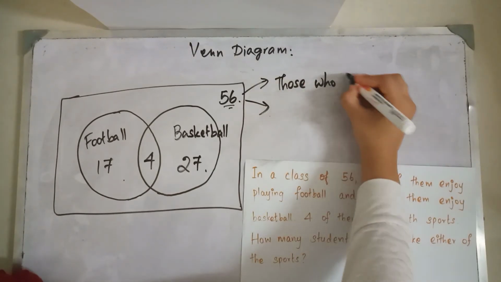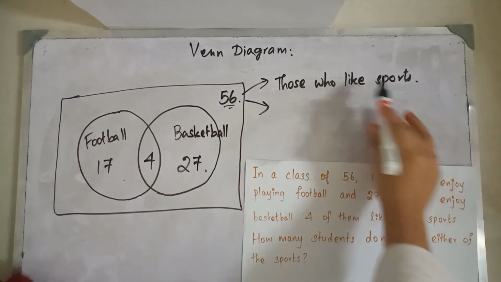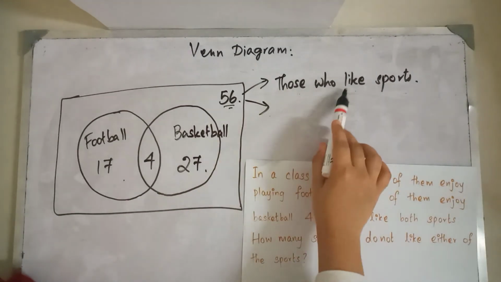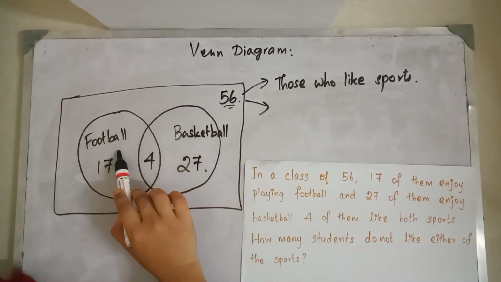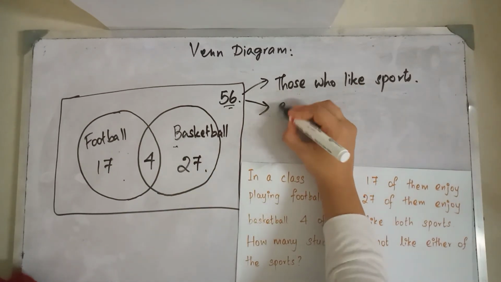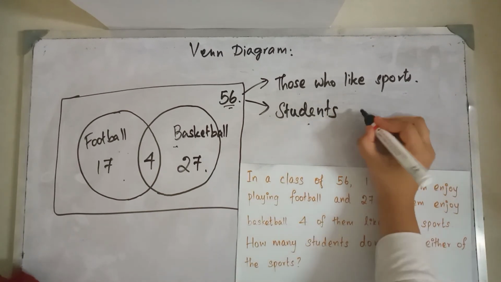Those who like sports. Now this section could be basketball or football or both. It doesn't matter. This section is represented in these 2 circles. And we also have students who do not like sports. And this is what we have to find out. We have to find out this number.